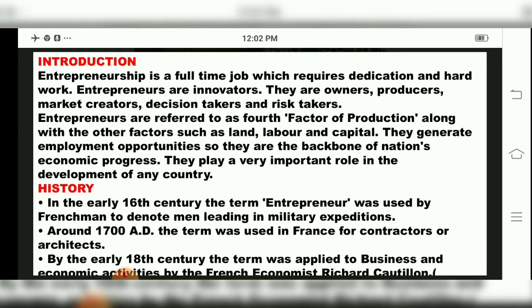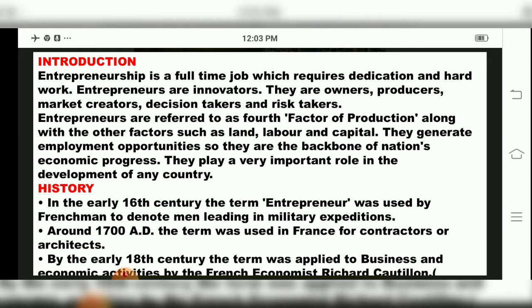History tells us that in the early 16th century, the term entrepreneur was used by Frenchmen to denote men leading military expeditions. See where this word was used: by a Frenchman for a military purpose, that is military expeditions. Then around 1700 AD, the term was used in France for contractors or architects.